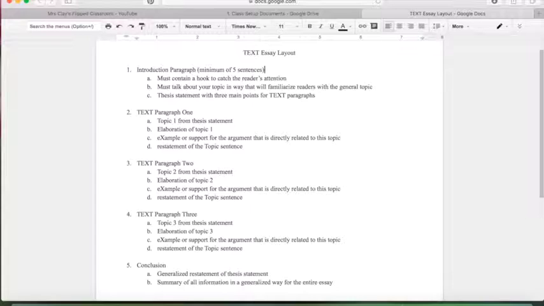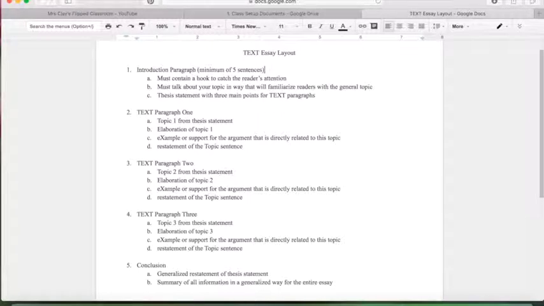You do need to talk about your topic in a way that's going to make your readers understand. So, if you're writing this essay over something to do with quantum physics, I have no idea what quantum physics really is. So you're going to have to explain what quantum physics is.